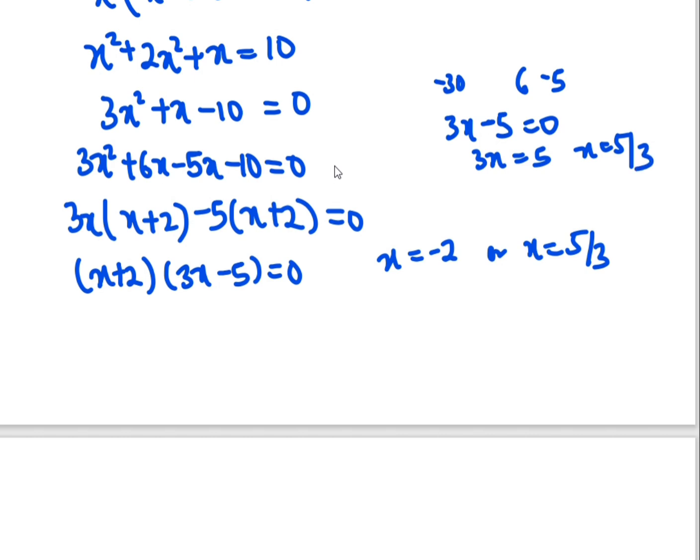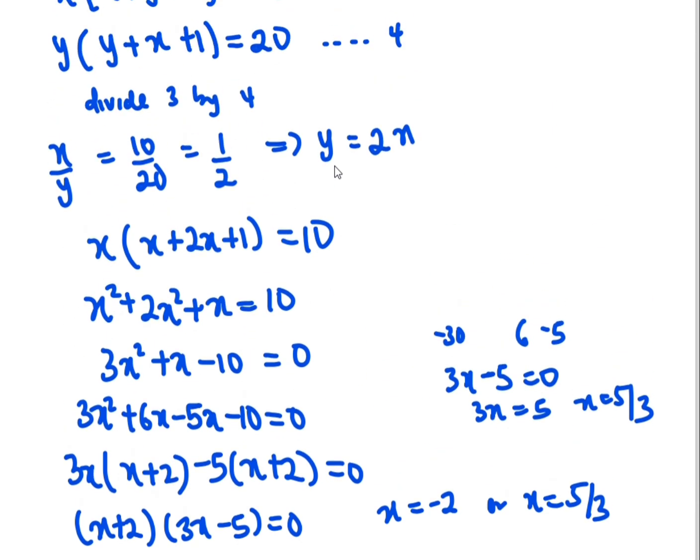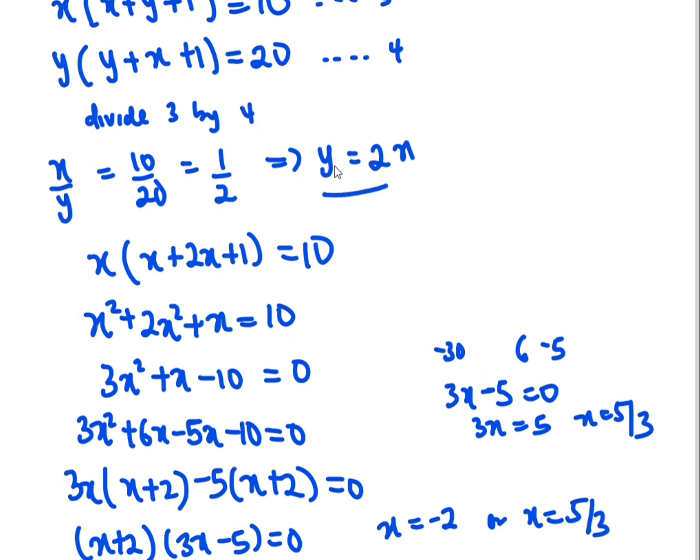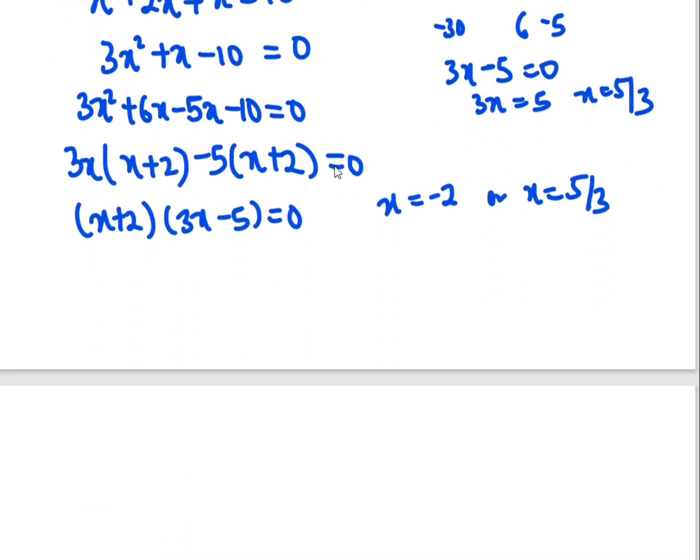So what is the corresponding value of y? Don't forget that initially we said that y equals 2x. So since y equals 2x, when x is negative 2, the value of y is negative 4.